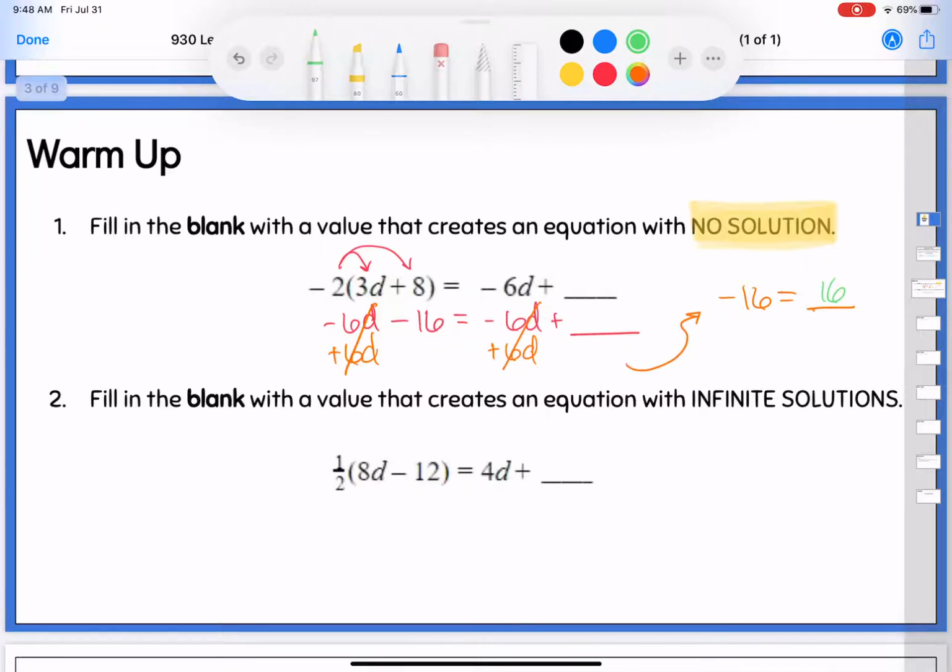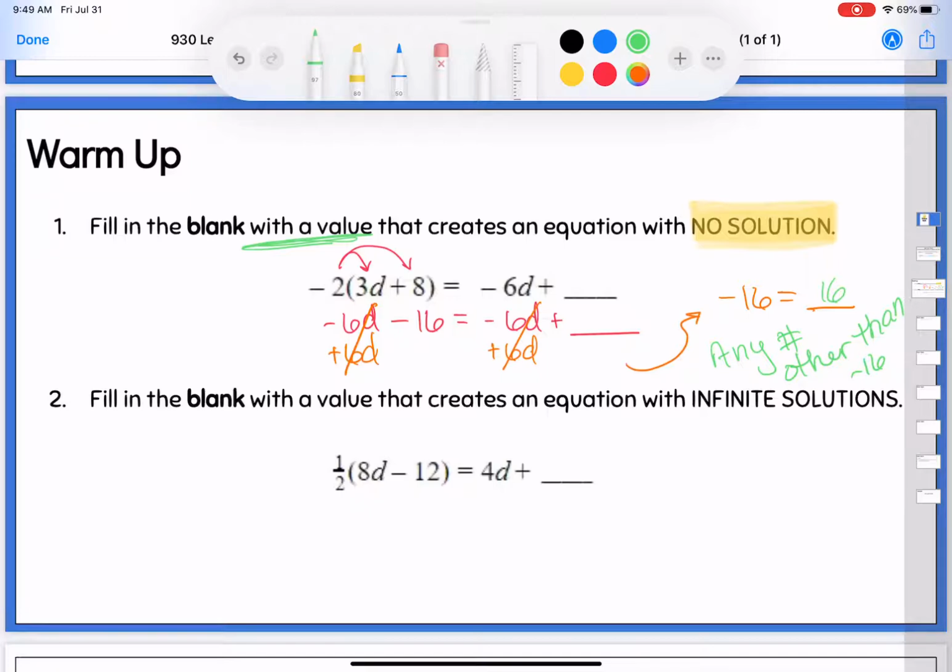I could put in any number other than -16 to make my no solution equation. So it does say fill in the blank with a value, so you do need to give an answer here, but any number that's not -16, any other number would be a perfectly acceptable answer for this problem right now.